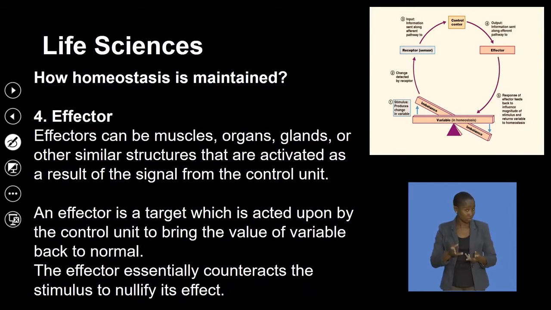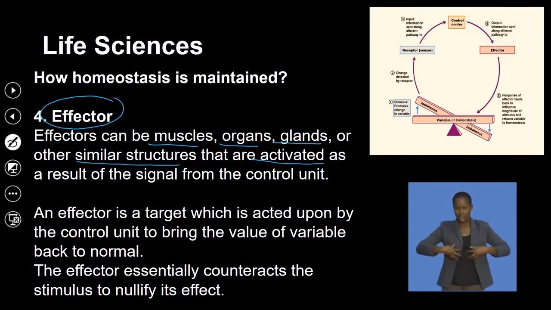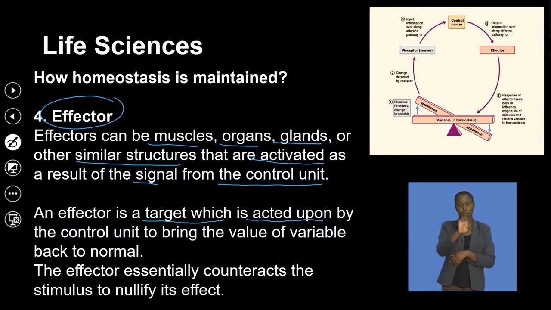So let's look at what an effector is. An effector can be muscles, organs, glands, or similar structures that are activated as a result of a signal from the control unit. An effector is a target which is acted upon by the control unit to bring the value of the variable back to normal.